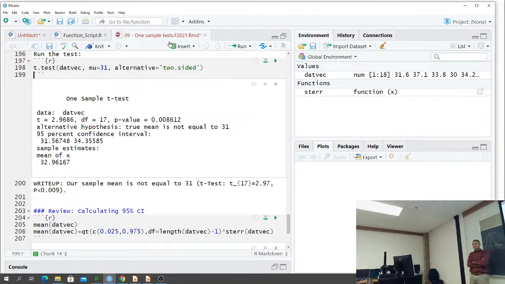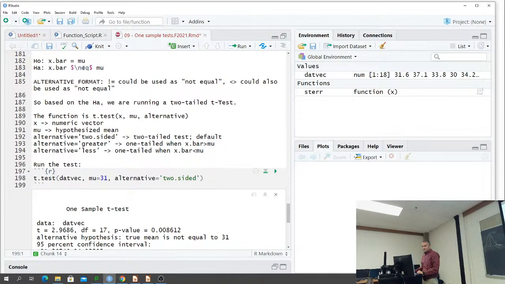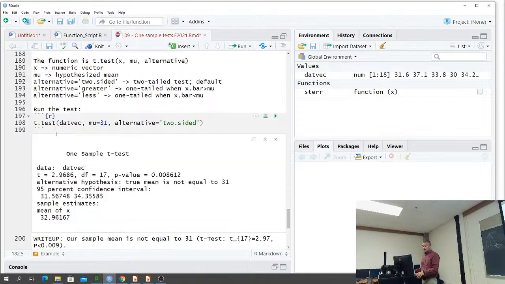What's our p-value? Where's our p-value on this output? It's less than 0.05. If it's less than 0.05, what do we do? Our p-value says there's less than a 5% chance that we would get the data we saw, a mean of almost 33, if the population was actually drawn from a mean of 31.